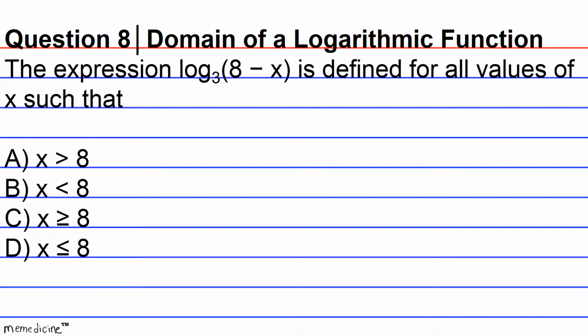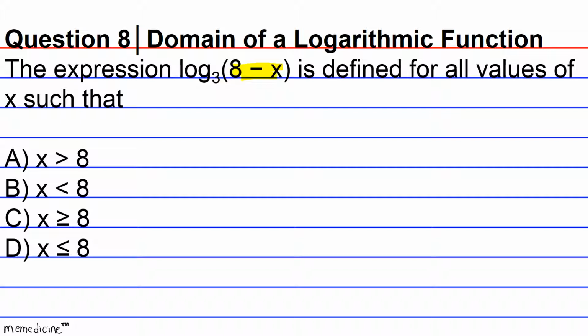All right, so the expression log base 3 of 8 minus x will have a real value only if 8 minus x is positive. That is, the result or the power is positive. So this expression has to be positive in order for the expression to have a real value.